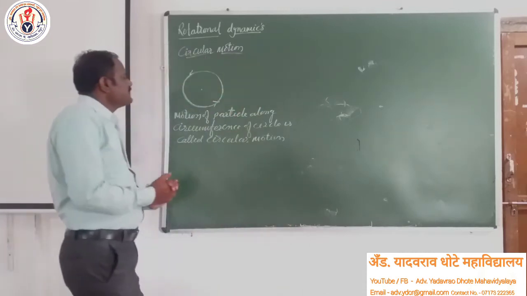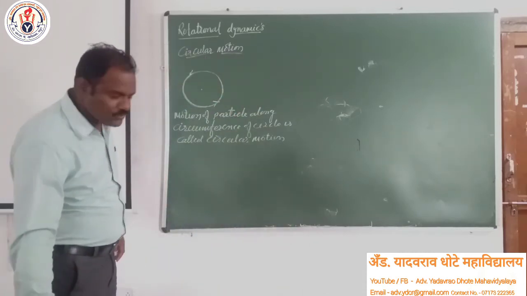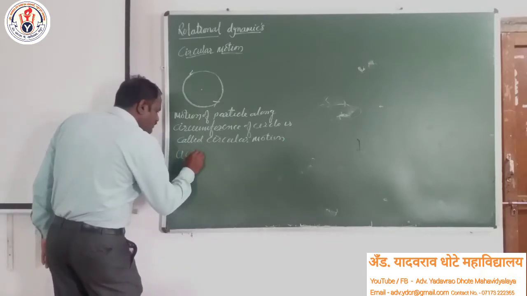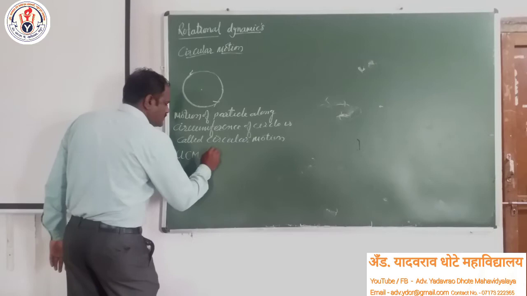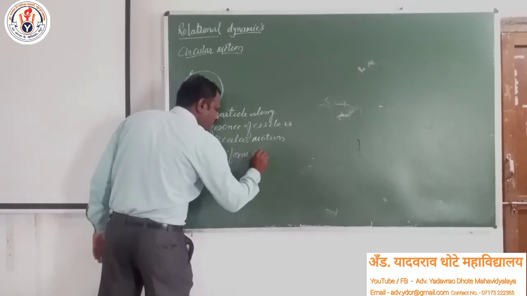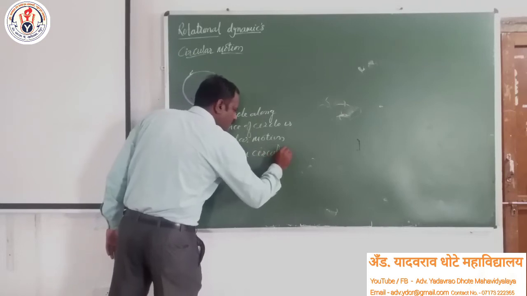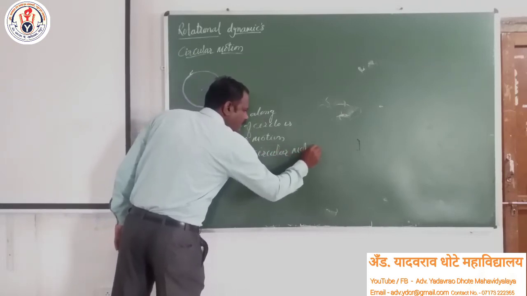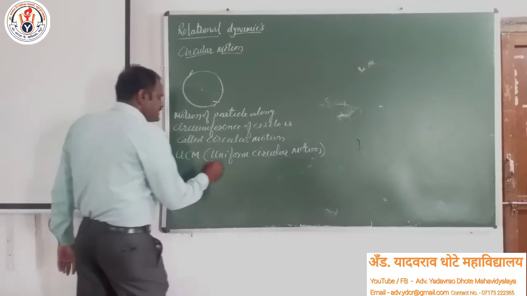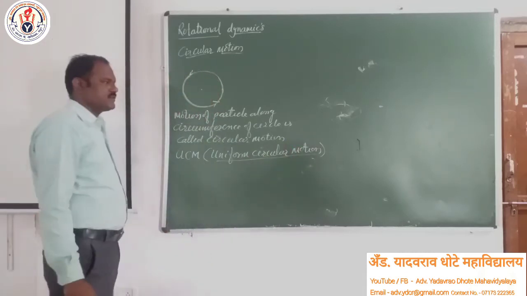Now, there are two types of circular motion. One is UCM, that is, uniform circular motion. What is the definition of uniform circular motion?